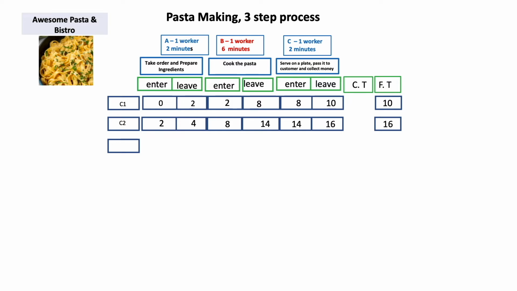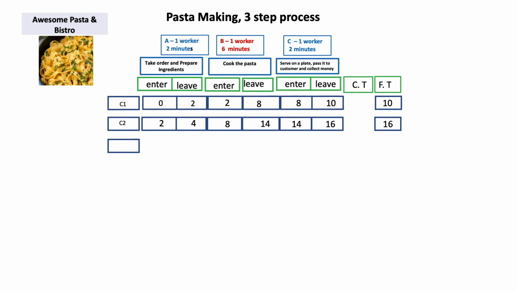We know that customer 1 got his pasta at time equals 10 and customer 2 got his pasta at time equals 16. Therefore, the time elapsed between these two events is actually 6 minutes. So this is the cycle time of this process.